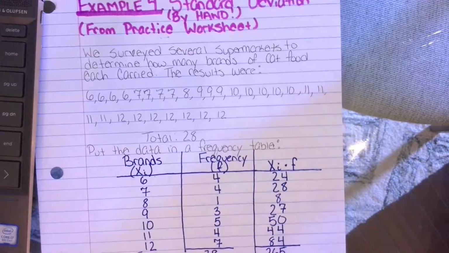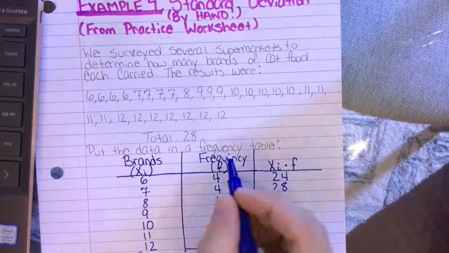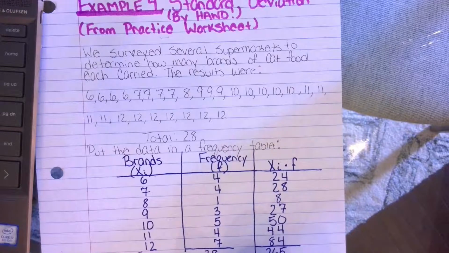Okay, so then my mean is going to be this column here over the total sum of the frequency column.